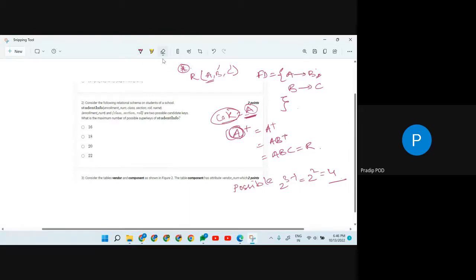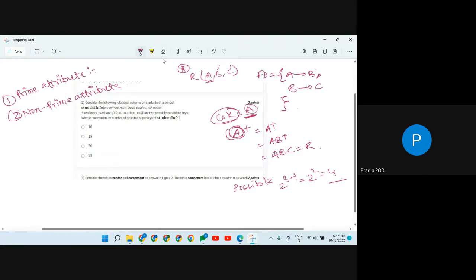So one concept is here also. Your candidate key is A. I want to introduce two terms: prime attribute and non-prime attribute. A prime attribute is an attribute that is present in the candidate key.